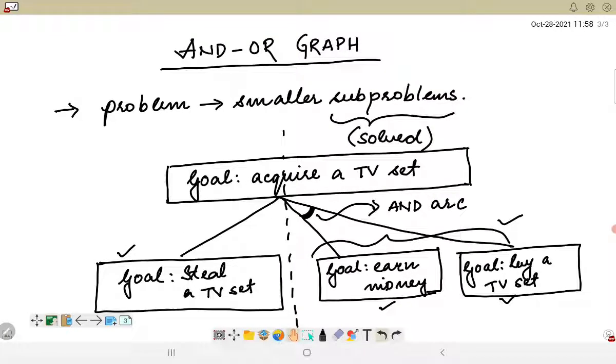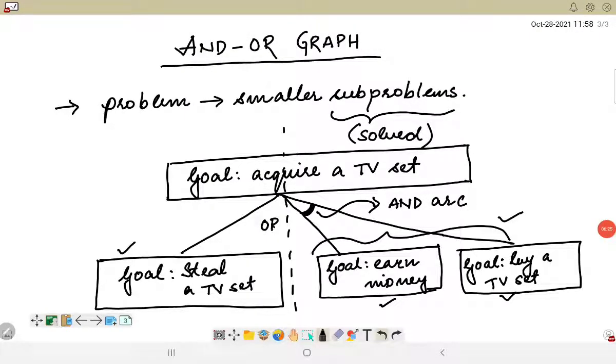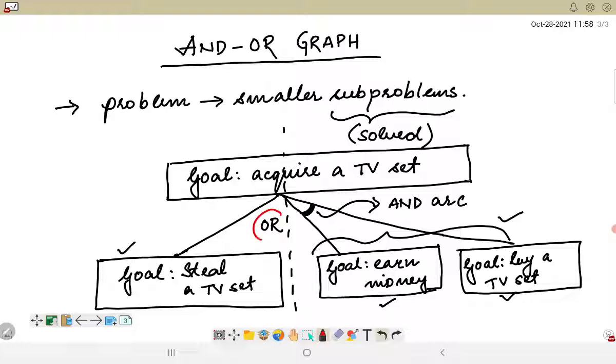So the OR basically would be here. Okay, so this is an OR factor. Let me write it down with a different color. So this is the OR factor where either this or this solution. Okay, either this or this solution.